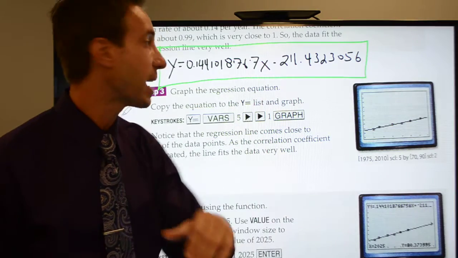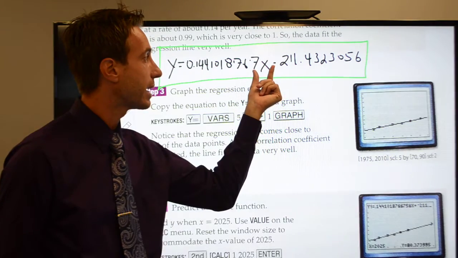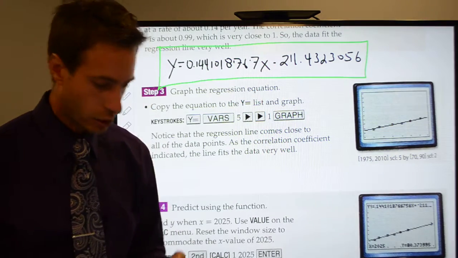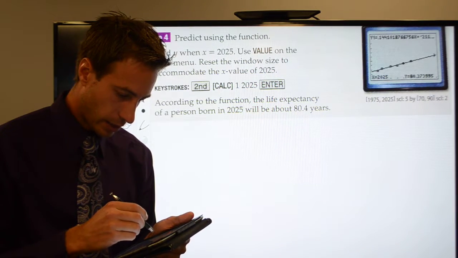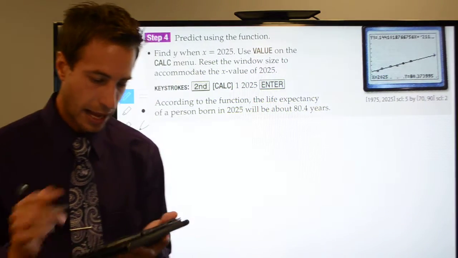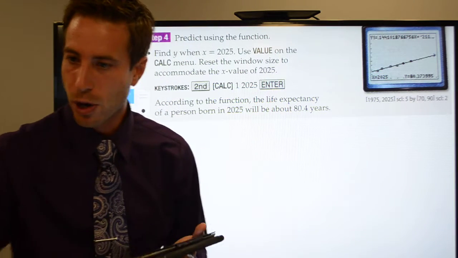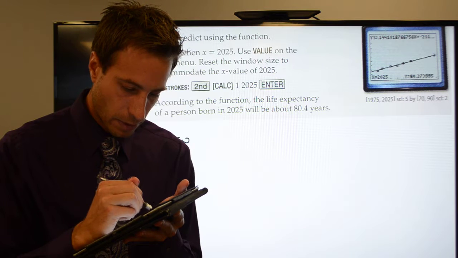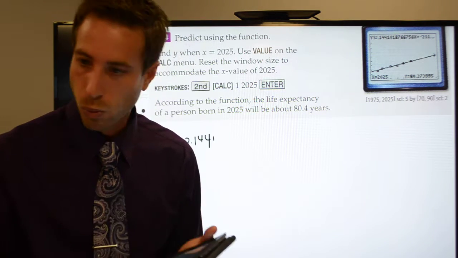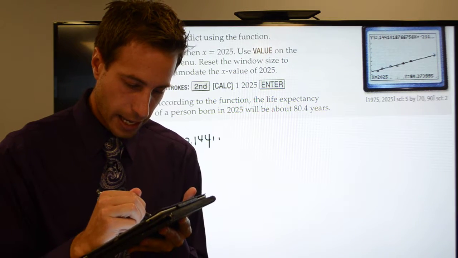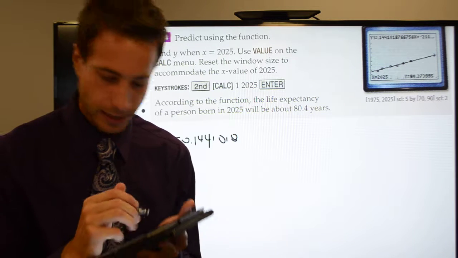Again, don't skip any values. I'm just going to drop a 2025 right in here for x. So let's go ahead and do that. Do it here in a color that you can see. Let me do it in black. All right, so I'm going to have y equals, again, my slope was 0.1441018767.